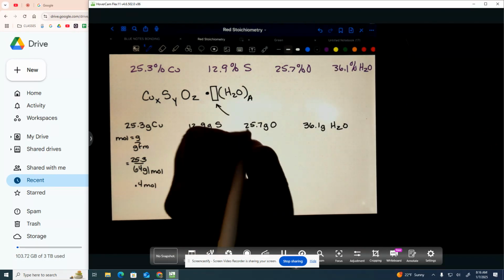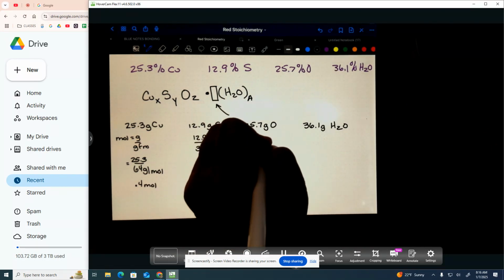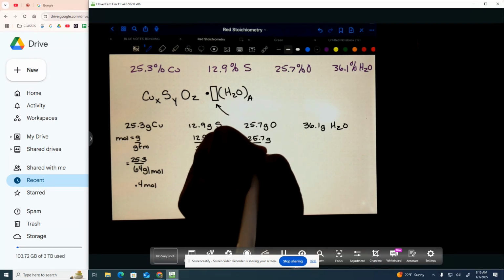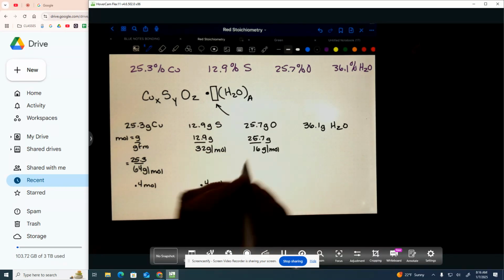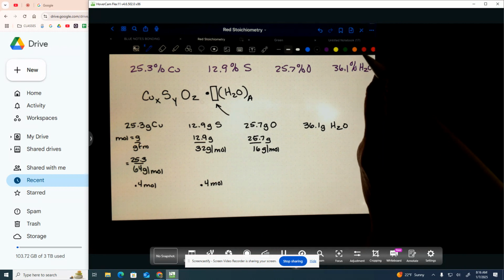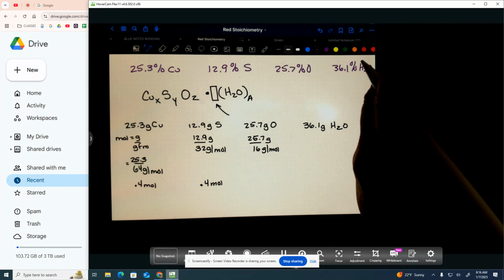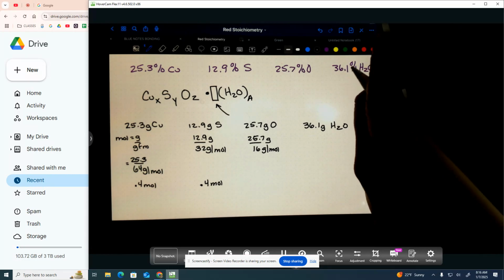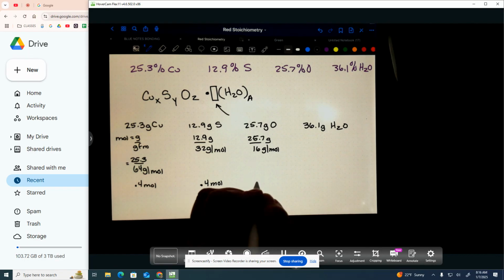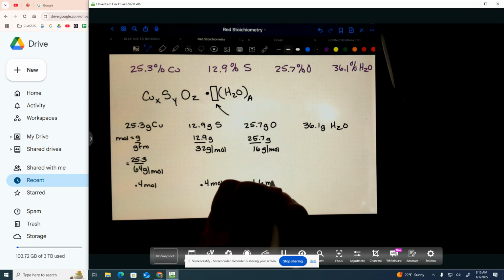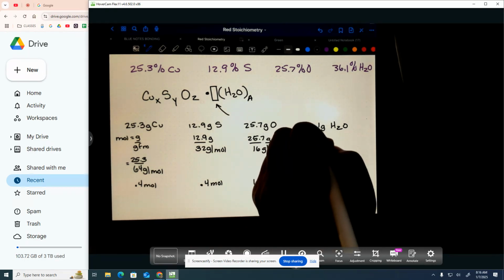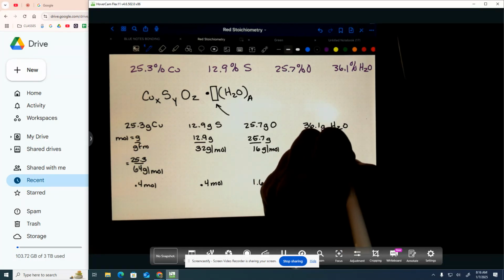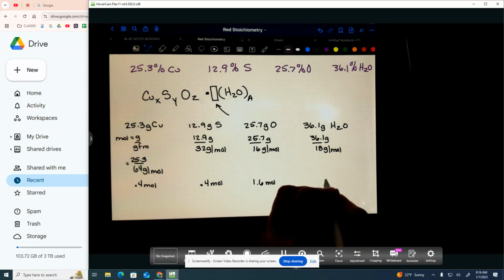Okay. 25.7 grams of oxygen over 16 grams per mole. 25.7 divided by 16. 1.6 moles of oxygen. And 36.1 grams over 18 grams per mole. And that's 2.